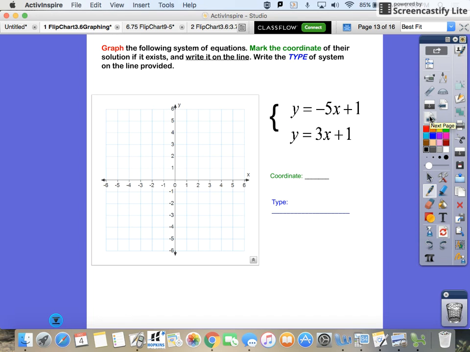And then this one, I'll do this in red, this in blue. In red, our intercept is 1, our slope is 5. Up 5, run 1, or drop 5, back 1.